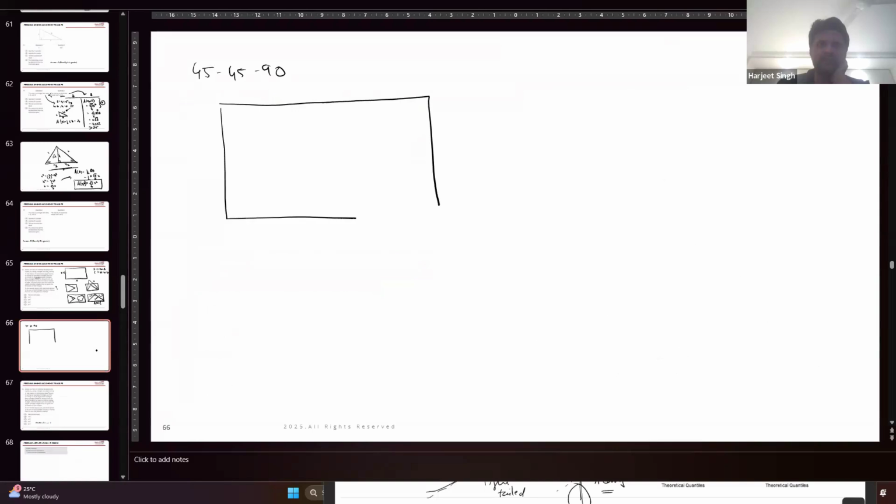Let's say this is the rectangle, and we are taking a right angle.